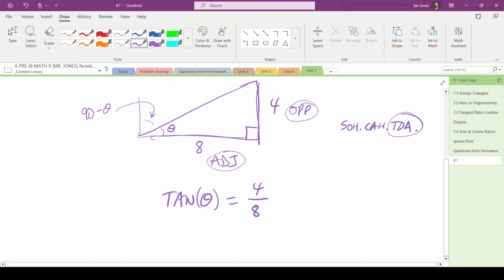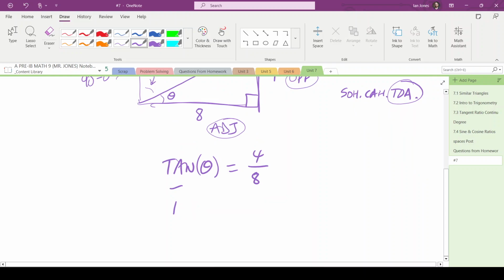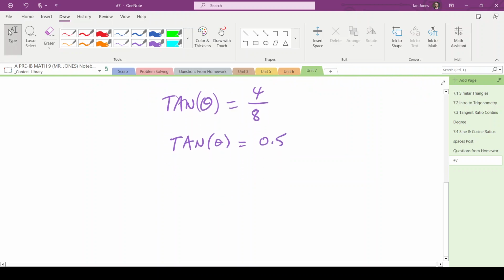That's 4 over 8. So tangent of theta equals 0.5. And so we've got a function of theta equals something. Theta is our input. 0.5 is our output.